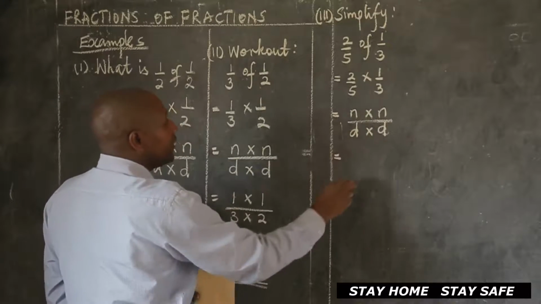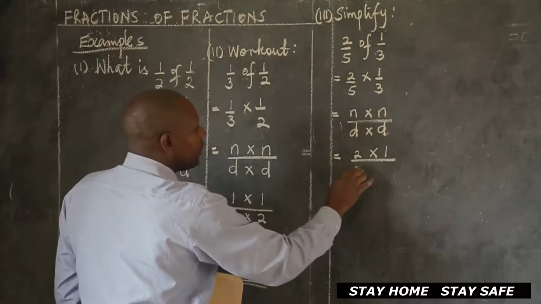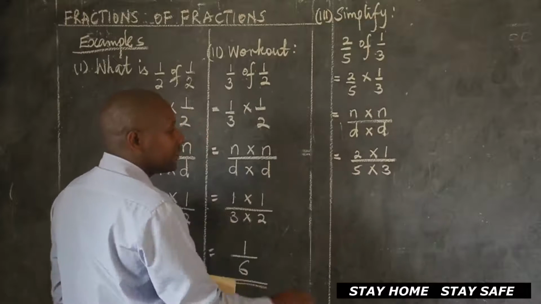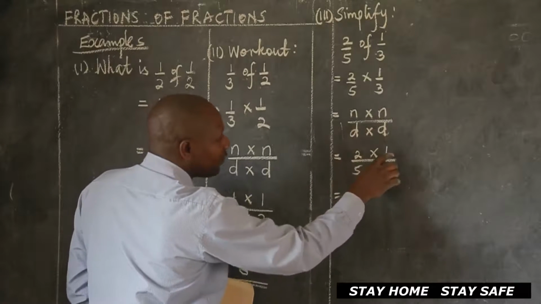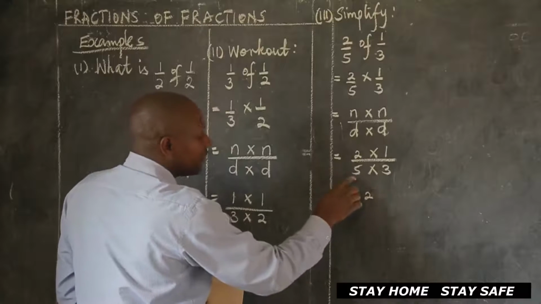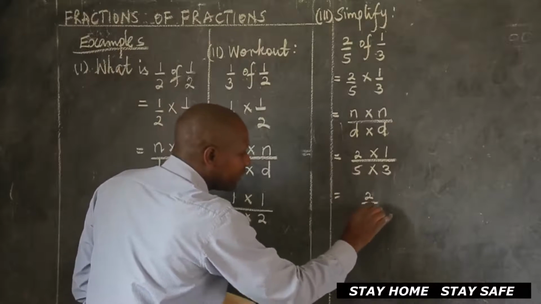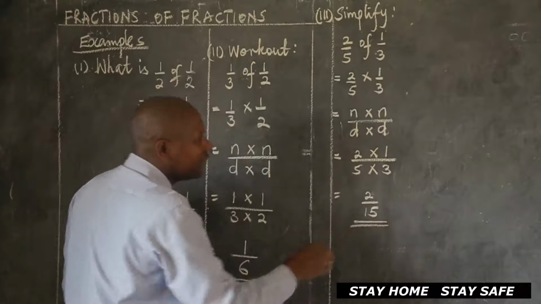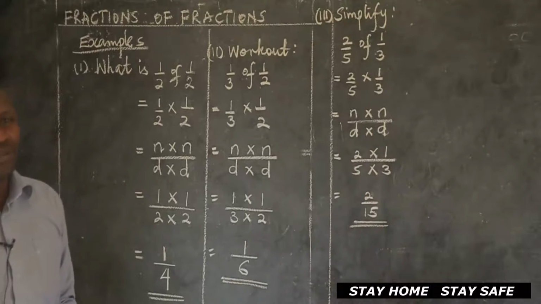So this gives me 2 times 1 out of 5 times 3. We shall have 2 times 1, which is 2, and 5 times 3, somebody is saying 15, okay? You see, things are so simple.